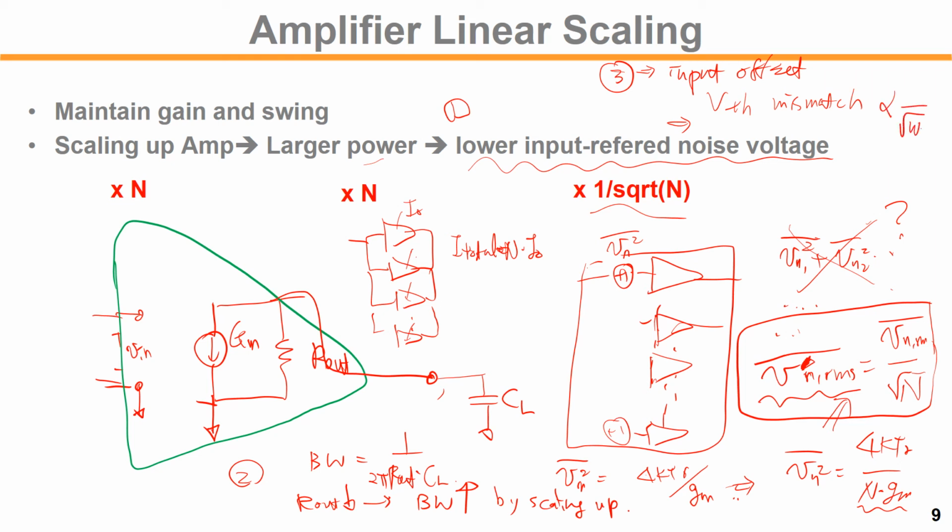Square root times L area of the amplifier. So if you make it large size, then it becomes also smaller offset. Input offset goes down by the scale. Okay.